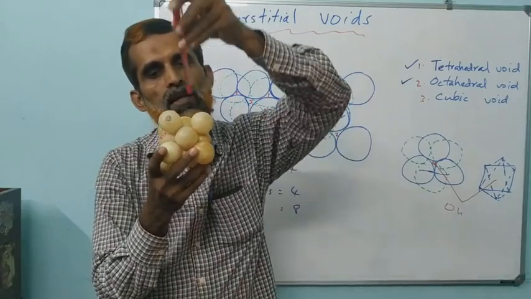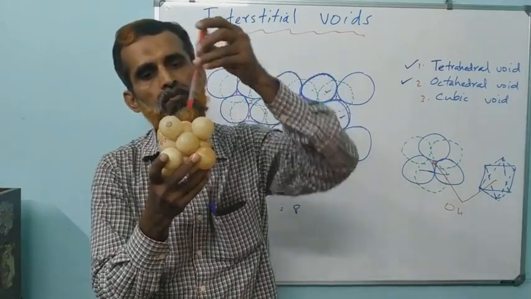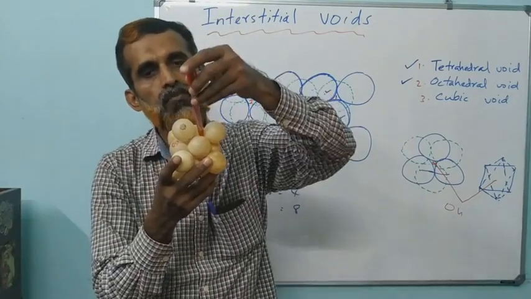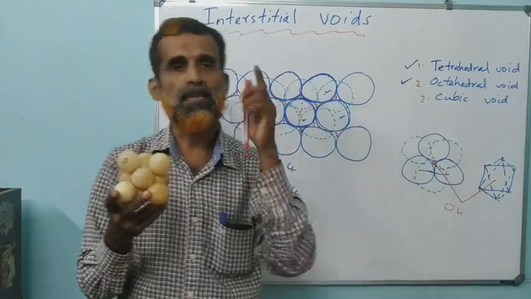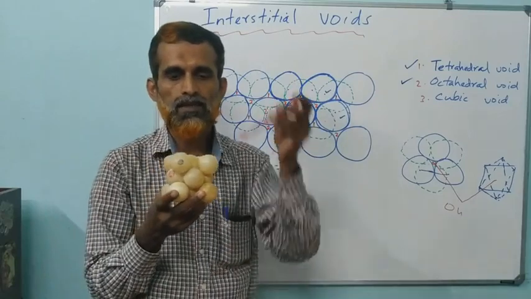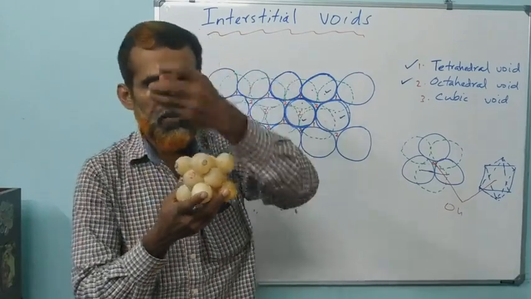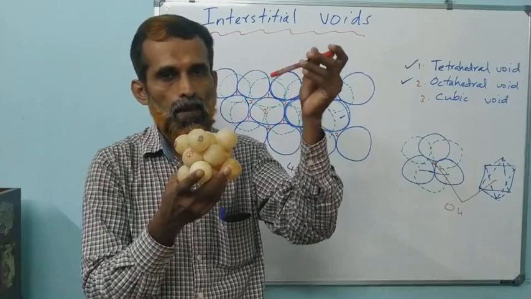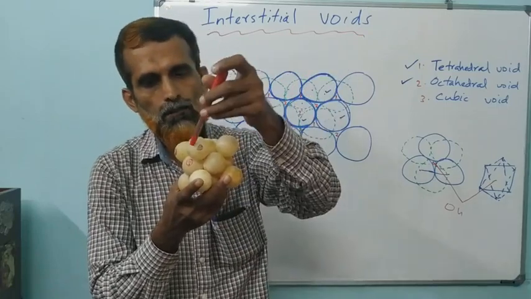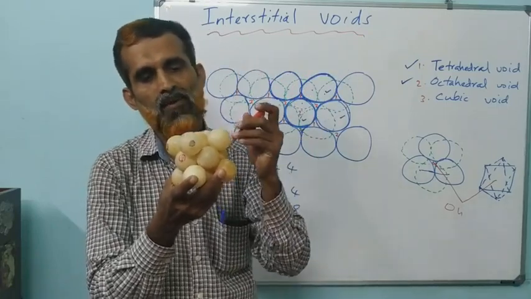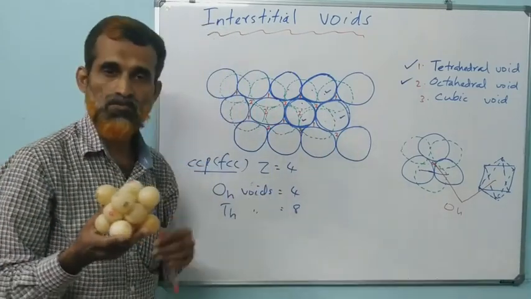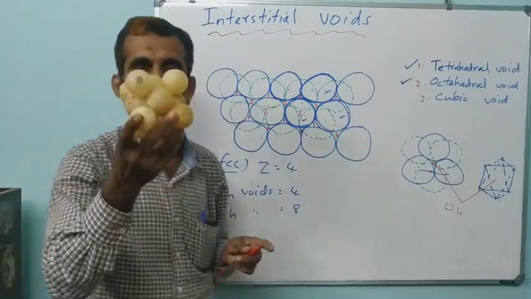So what about this void? There are a total of 4 particles in touch. So what is this void? This is definitely a tetrahedral void, correct? If you check all around, you can see that behind every corner particle there is a tetrahedral void. That is the 8 tetrahedral voids in this unit cell.